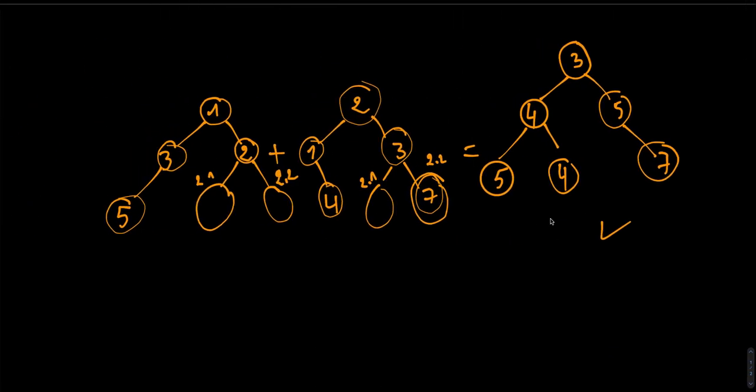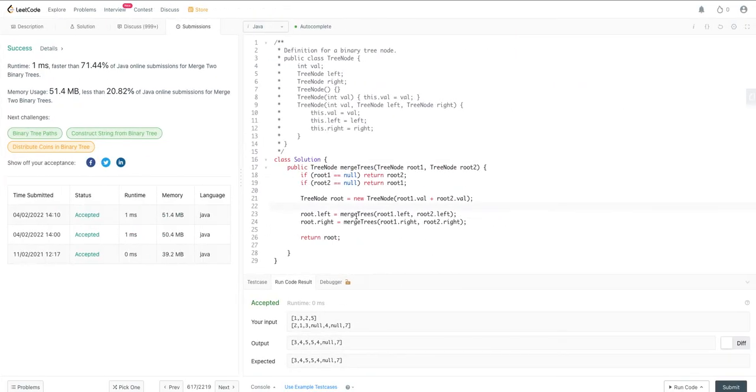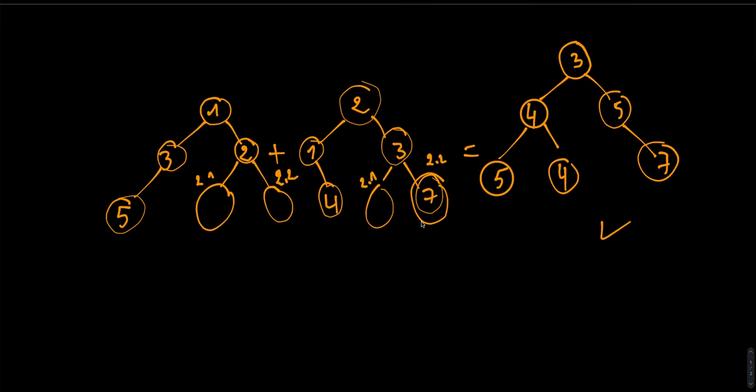Now let us talk about space and time complexity. For the time complexity, as you can see here, we have two recursive calls. But these two recursive calls will just go through half of our initial data. So the time complexity equation would be T of n equals 2 T of n divided by 2, plus O of 1.